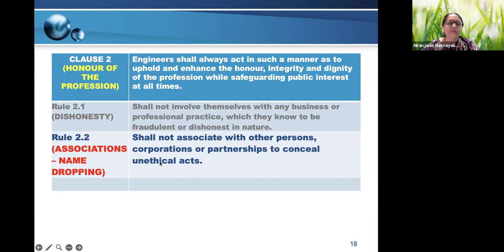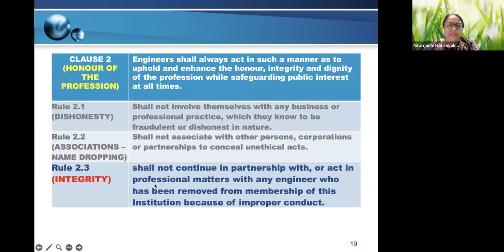So that is like, I am so and so, therefore I can do this. No, it is not ethical, right? You should not hide behind names, hide behind connections to do unethical acts.